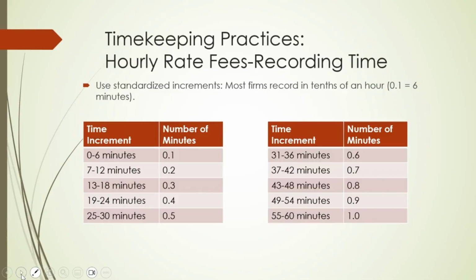All right, so what do we mean by these standardized increments? Well, firms, almost all, will do this in tenths of an hour, which a tenth of an hour equals 6 minutes. It used to be a little more common to use quarter hour increments, but we realize that some things are just taking a second or a minute.